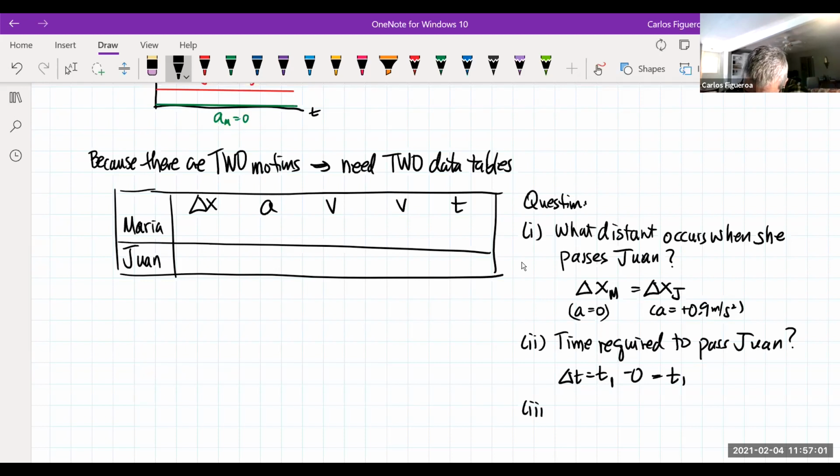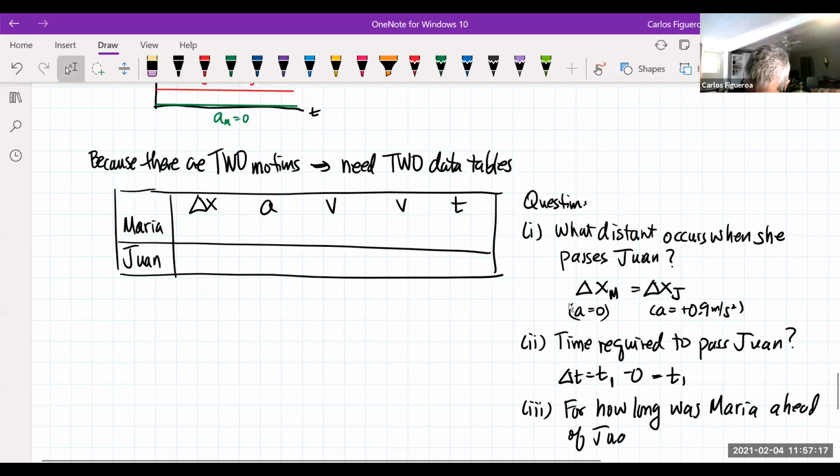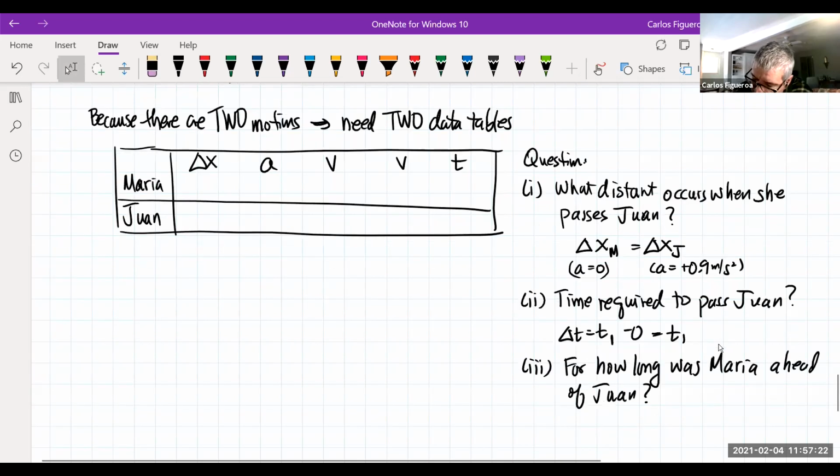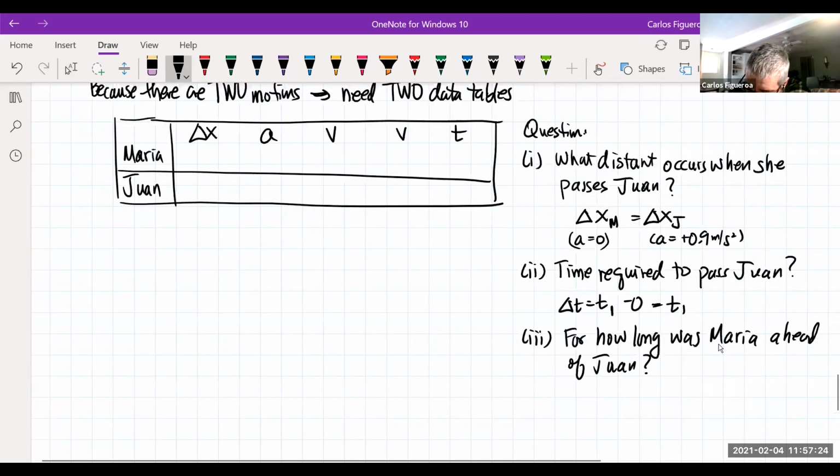And then the other question we ask is, for how long was Maria ahead of Juan? And from our picture, we saw that that time interval was really t2 minus t1. So that's the piece of information that I have to get here.